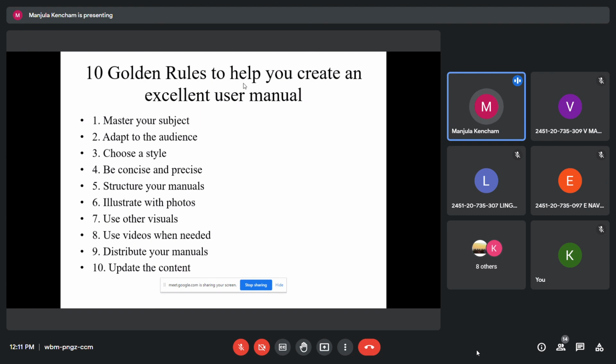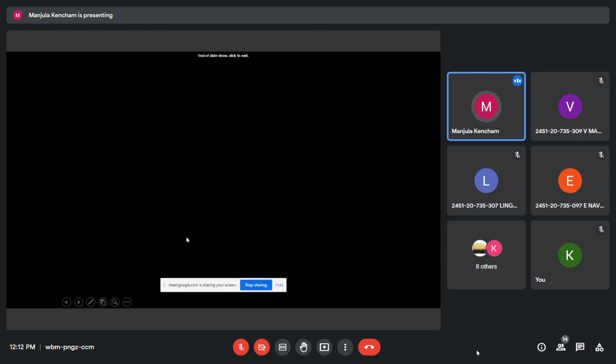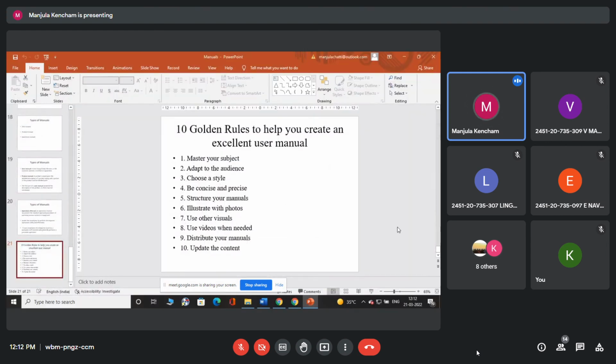So manuals are not just something that accompany a product or help a user to follow the guidelines. They are also a means of selling or advertising the product in a commercial manner. So go by these guidelines to write your manuals in a proper manner, right?